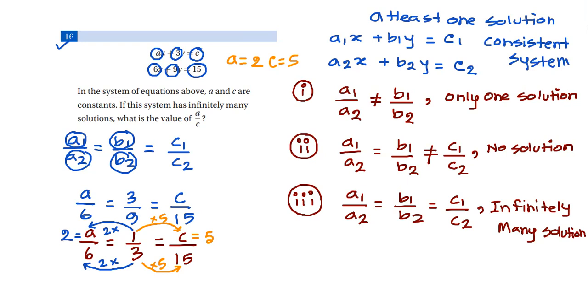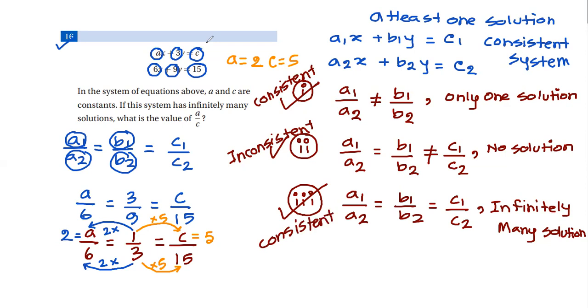And if it has no solution, then it's called inconsistent. So this one is consistent, this one is consistent, but this one is inconsistent. These two are consistent systems. That's it.